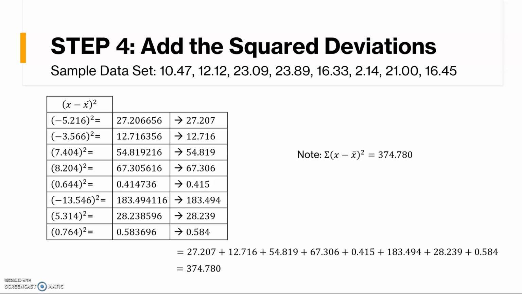Now notice what we just found was the summation of x minus x bar squared, because this was a deviation right here, and then we squared all of our deviations. And then we're adding up all of our squared deviations, and that's giving us this number right here.